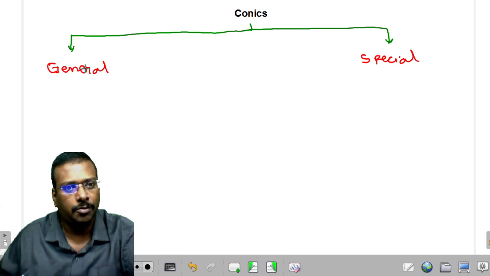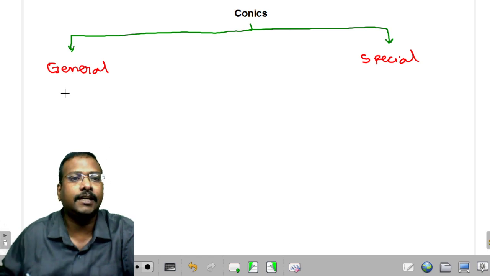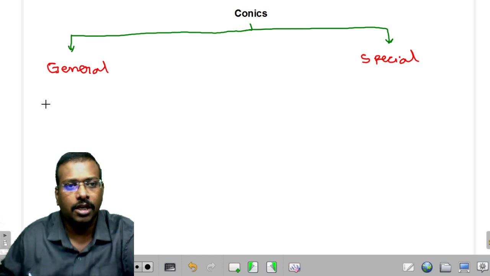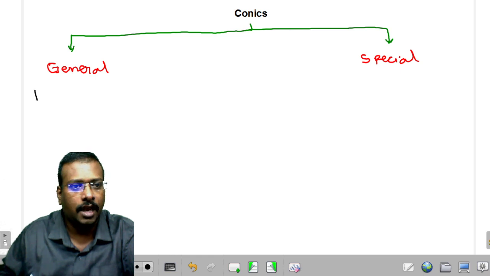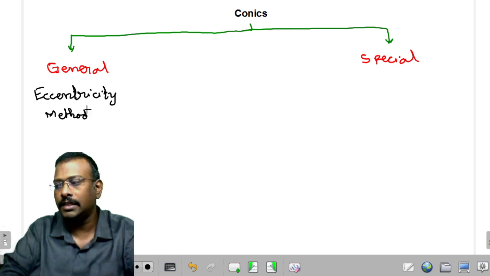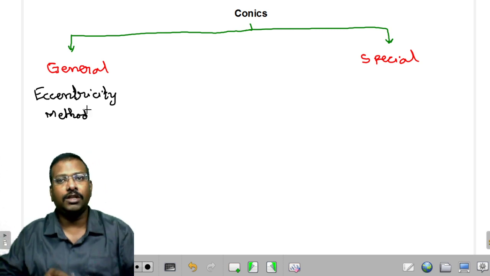If you follow this procedure, we can get the corresponding curve. The general method is also called the eccentricity method.